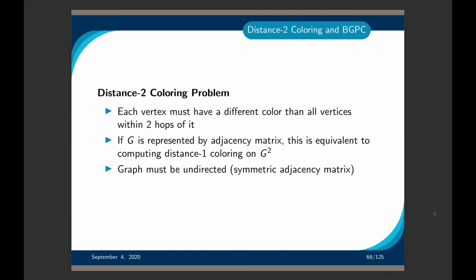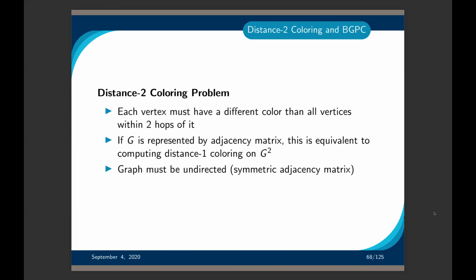Now moving on to distance 2 graph coloring, it's the same idea, except any 2 vertices within 2 hops of each other must have different colors. This is equivalent to computing a distance 1 coloring on G squared if you're looking at the adjacency matrix of the graph. And the graph must be undirected.